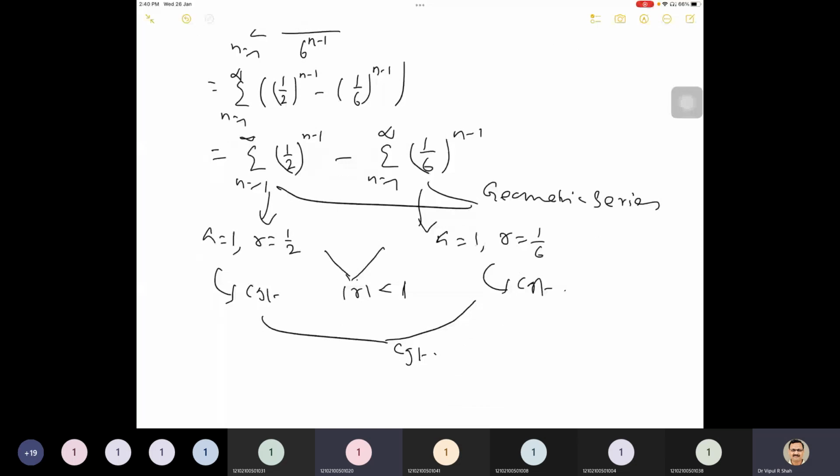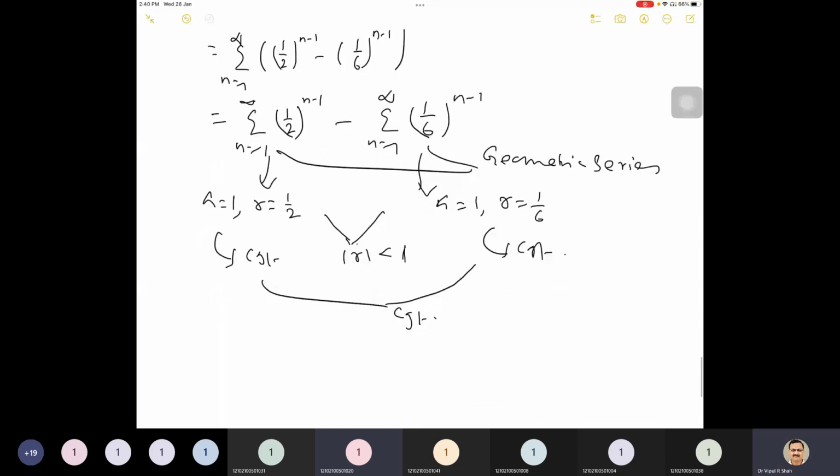Now we would like to find out the sum. What is the sum? The sum formula is A upon 1 minus r. So for this, the sum is 1 upon 1 minus 1 by 2, then negative sign, and another sum is 1 upon 1 minus 1 by 6.